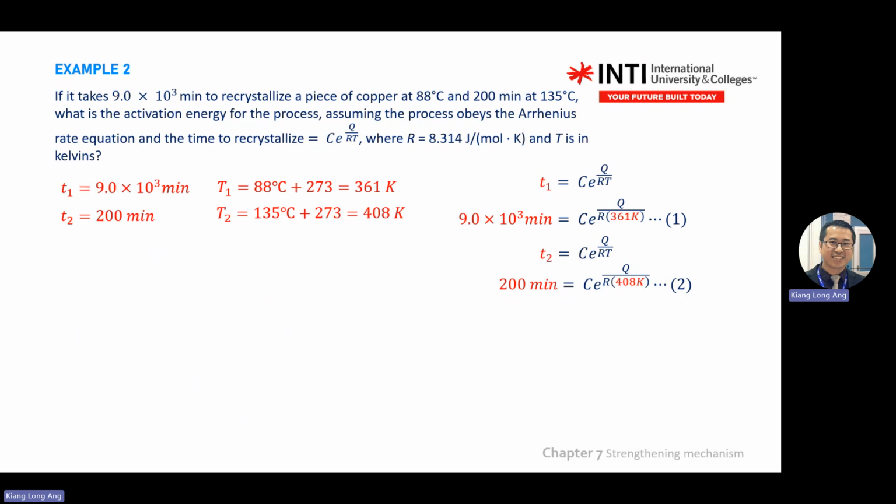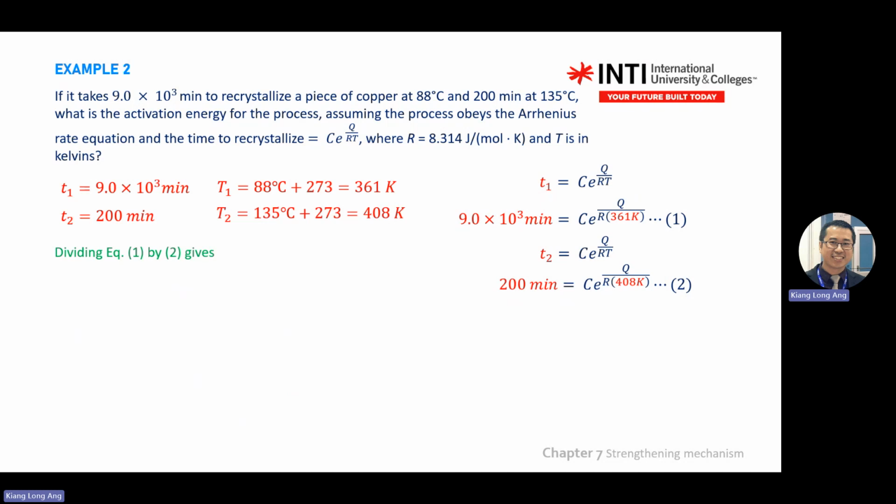And for engineering materials, your constant normally is not related to seconds, right? Usually it is related to Kelvin. That's more important. So convert temperature to Kelvin. Then you use the equation over here. Okay. So you have two equations. T1 equals C e to the power of this one. Actually, you have seen this one in the previous chapter. It's called the Arrhenius rate equation, right?